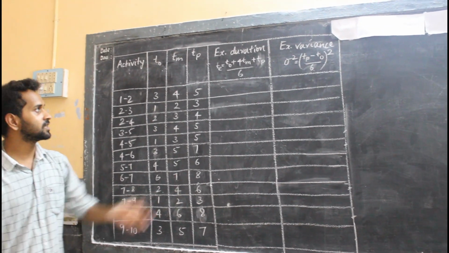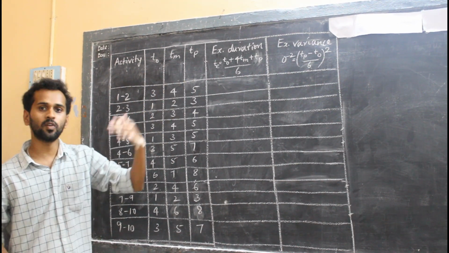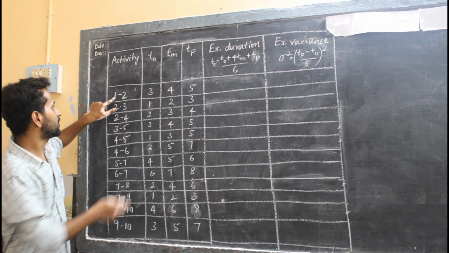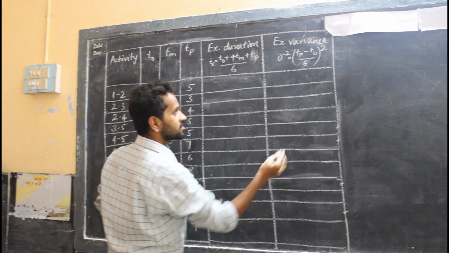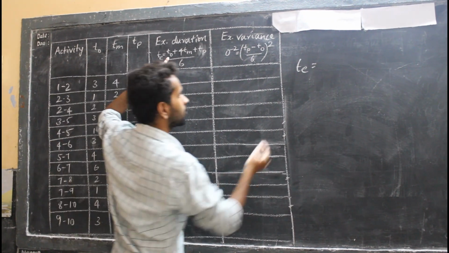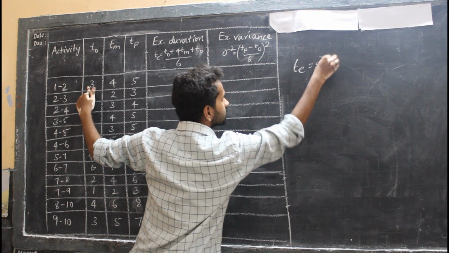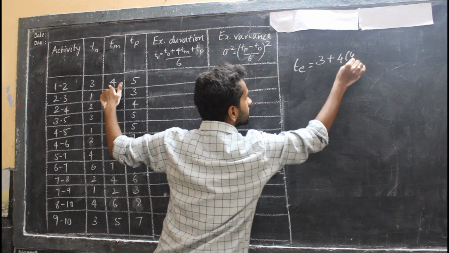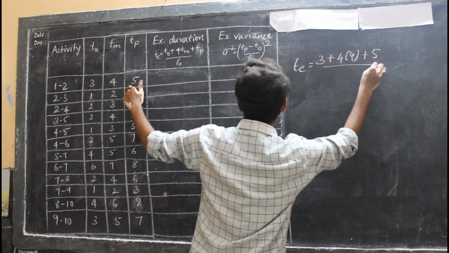Now, what you need to do is calculate Te for each and every activity. T0, Tm, Tp are already given in the question. Let me take the 1 to 2 activity. Te equals T0, which is 3, plus 4Tm, which is 4 into 4, plus Tp, which is 5, divided by 6.